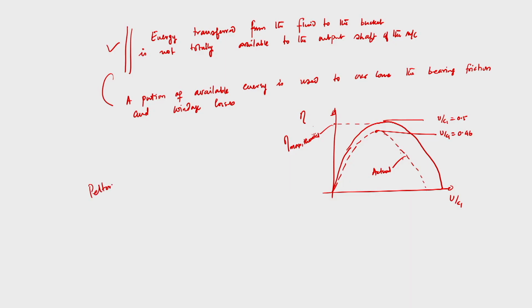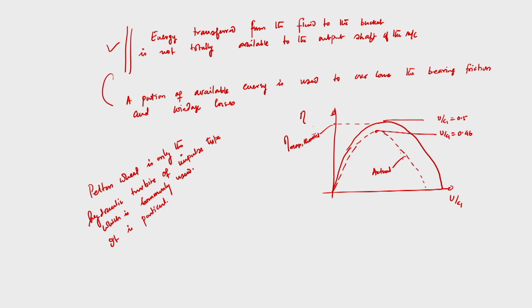So, this is all about the Pelton wheel that we have seen. The Pelton wheel is very important. It is the only hydraulic turbine of impulse type which is commonly used, and it is particularly suited for high heads.